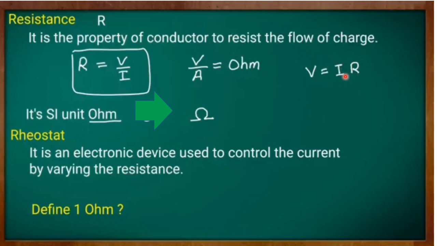What is it? V is equal to IR. Already we studied about the voltmeter, and I'm sorry, potential difference, and already we studied about electric current. Now it is the time to understand resistance. As I have said, resistance is a property of a conductor to resist the flow of charge, and it is represented by the capital R.